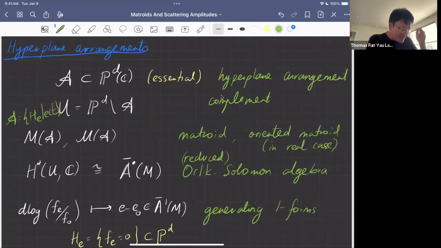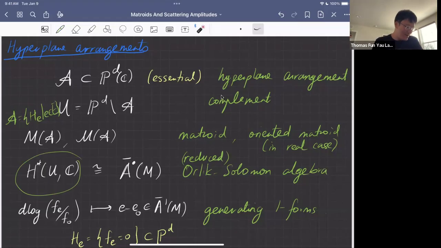Amongst other things, one of the things that should be pretty familiar is the cohomology of the hyperplane arrangement complement, which is isomorphic to something called the Orlik-Solomon algebra. This is a matroidal object.